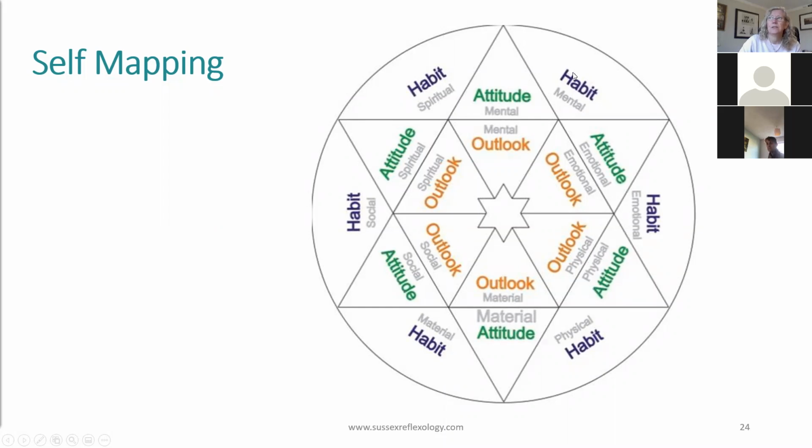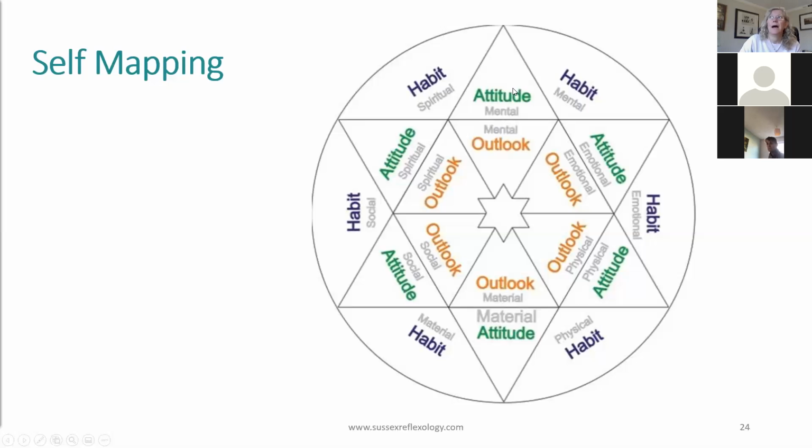Now, you can start wherever you want. For a lot of people, starting with the habits works well. What habits do I display when I'm at my low self physically and I'm not taking care of myself? What habits do I display when I'm at my low self mentally? Negative thinking.